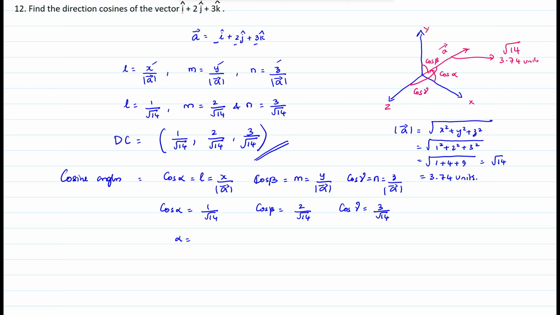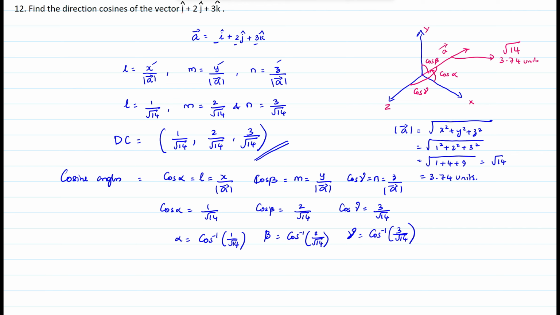So alpha will be equal to cos inverse of 1 by root 14, beta will be equal to cos inverse of 2 by root 14, and gamma will be equal to cos inverse of 3 by root 14.